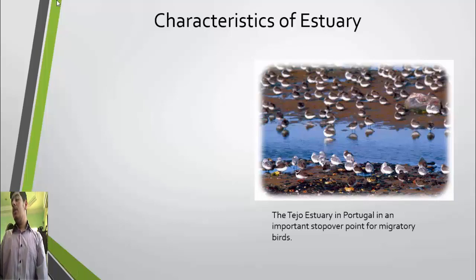The Tejo estuary in Portugal is an important stopover point for migratory birds. That means those birds migrate to that estuary due to their homeostasis.